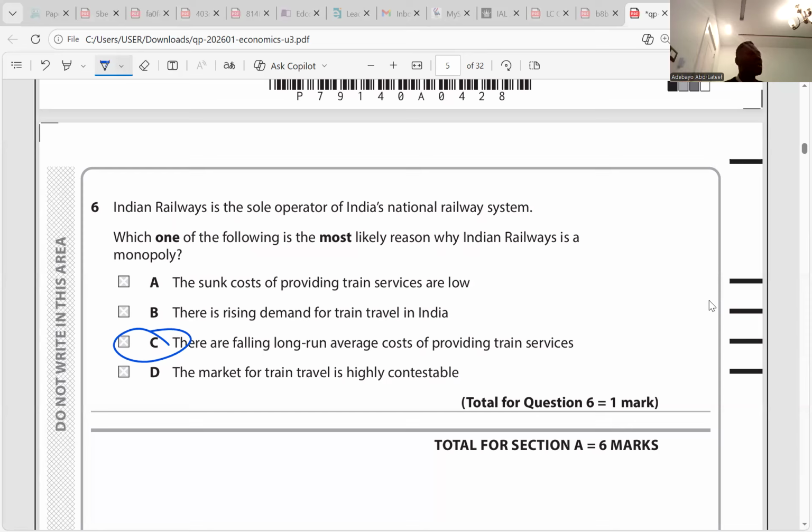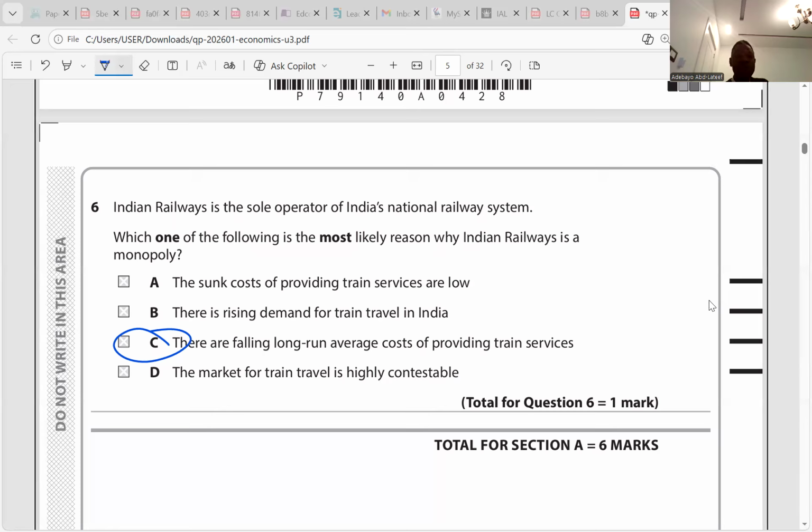The sunk cost is high, isn't it? To build infrastructure for train is expensive. It takes time, and because it takes time, it's going to take a lot of money. So that makes it less contestable. So A is not right, B is not right, D is not right. The only option here is C.